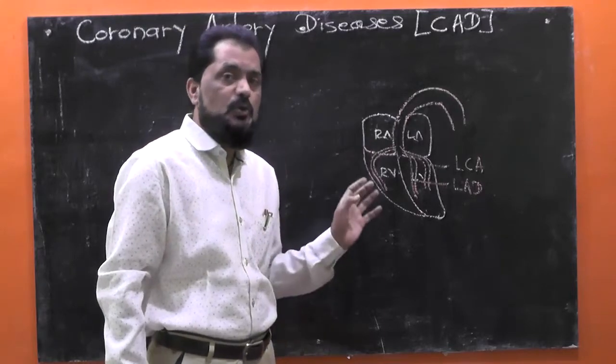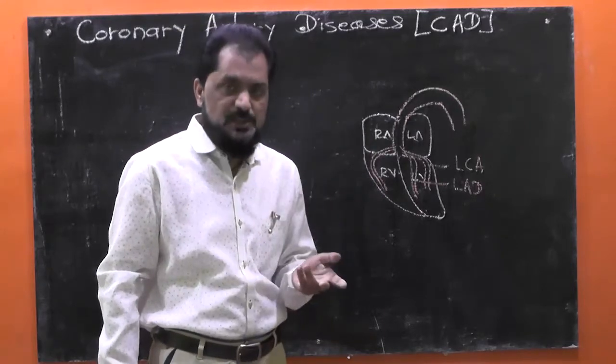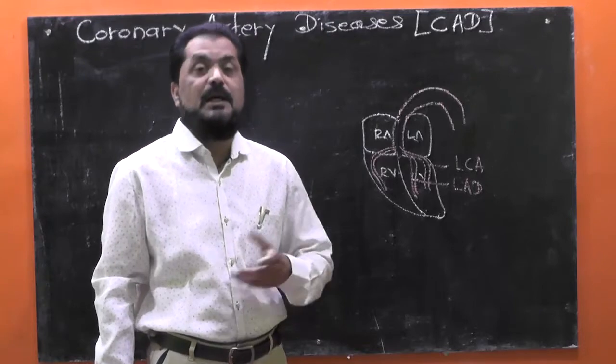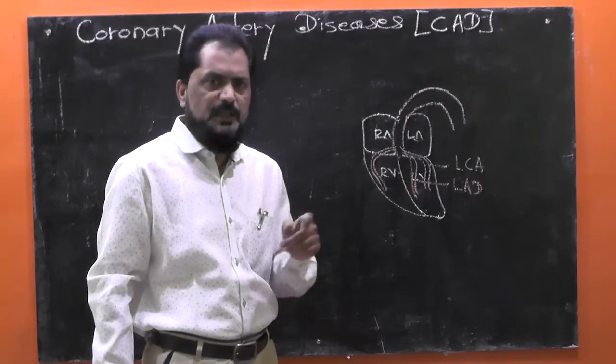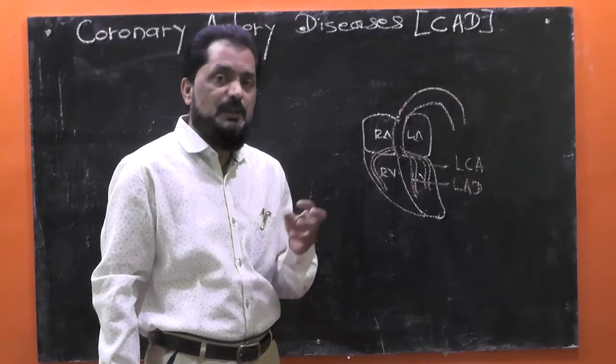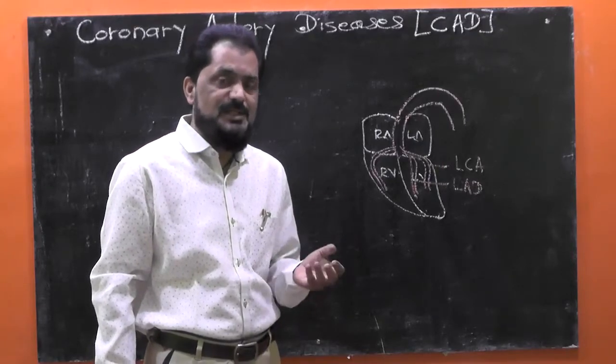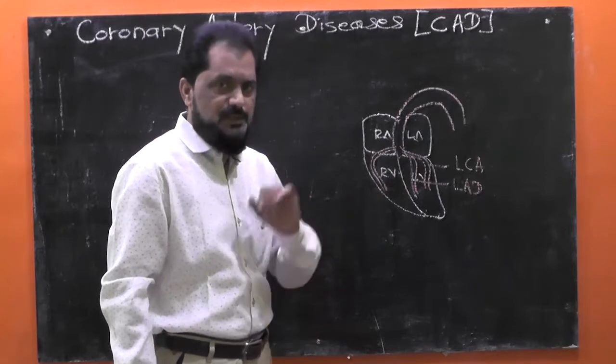And there are also coronary veins, which may simply be called cardiac veins. They carry away the deoxygenated blood, that is, they carry away the carbon dioxide and metabolic wastes from the heart muscles.